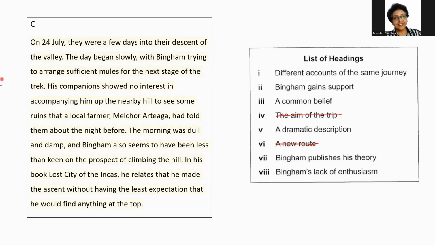His companions showed no interest in accompanying him up the nearby hill to see some ruins that this person, Melchior Artiga, had told him about the night before. So there was a person called Melchior Artiga who had told him about some new thing to be seen on the previous day. So what happened next?